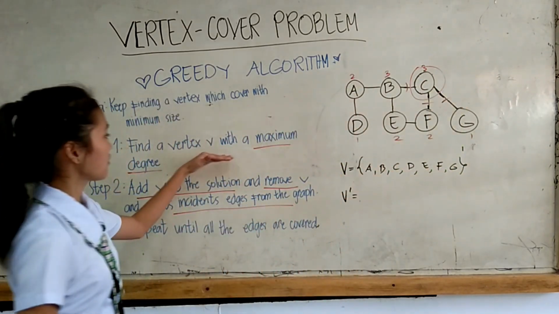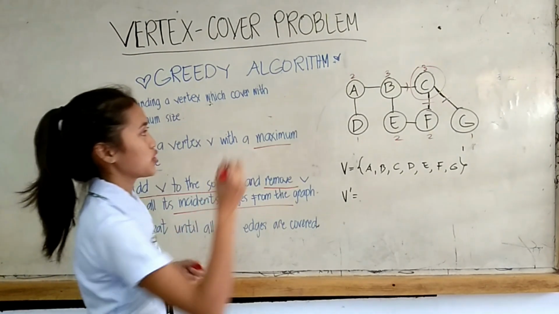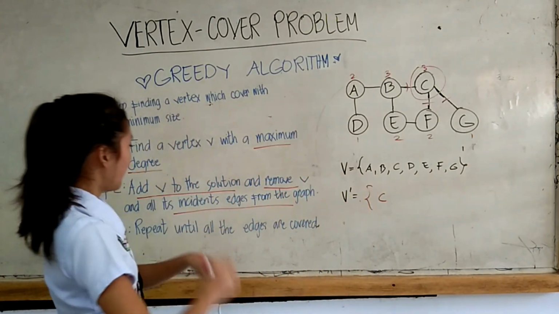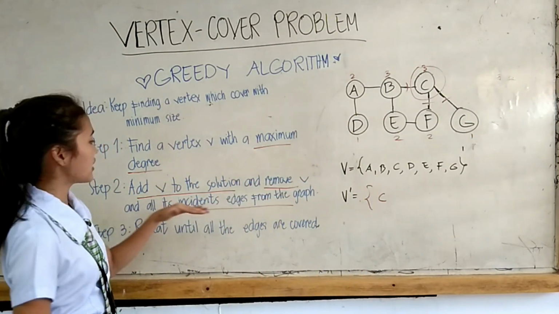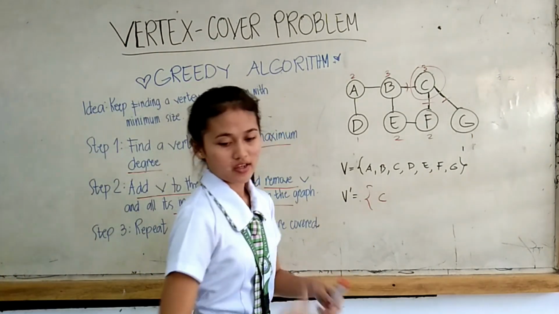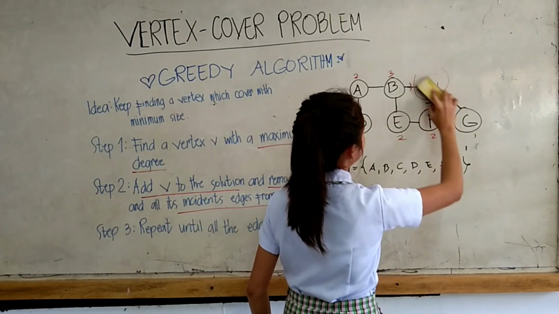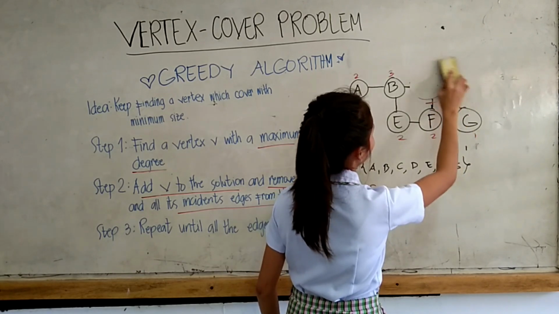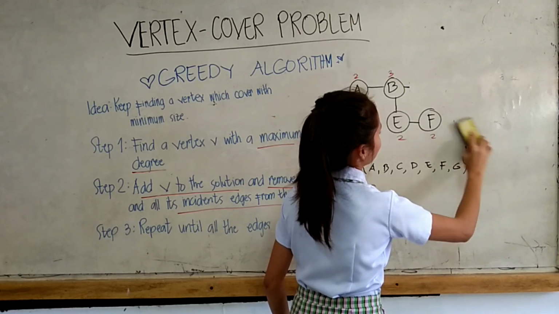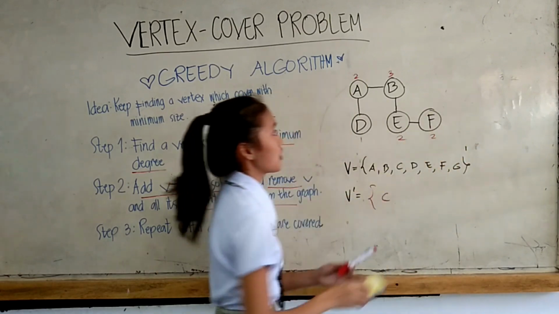After we find the maximum degree, we go to step 2. We add vertex C to the solution V-1, and then remove C and all its incident edges from the graph. So we remove this part, and this.